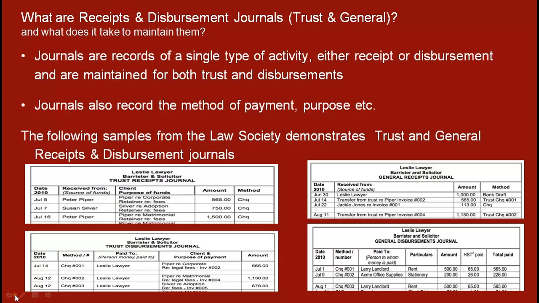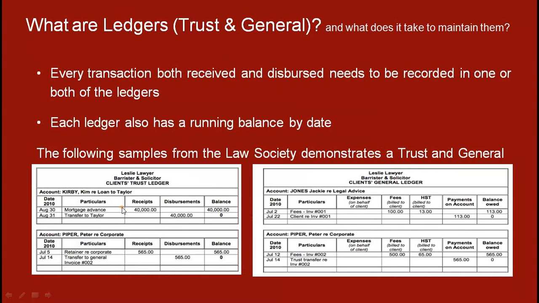So let's do a quick recap. Two ledgers, trust and general, with different pieces of information: date, which seems to be the consistent column that we capture, and particulars, the actual reason or what the transaction was, whether it was money received, money leaving, or balance.